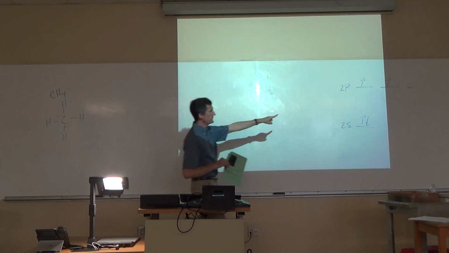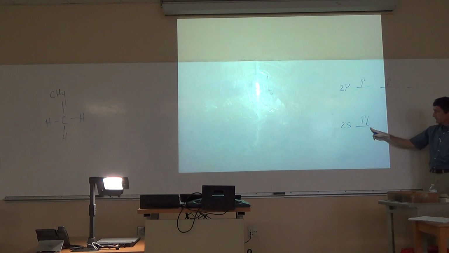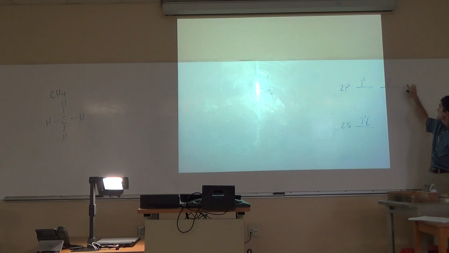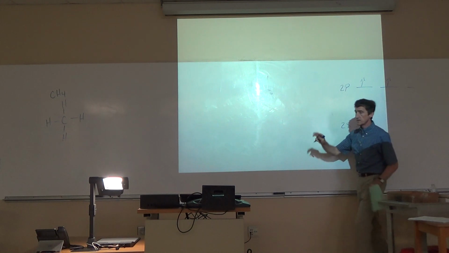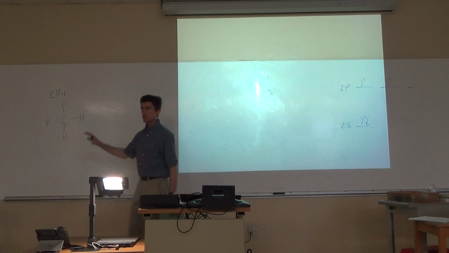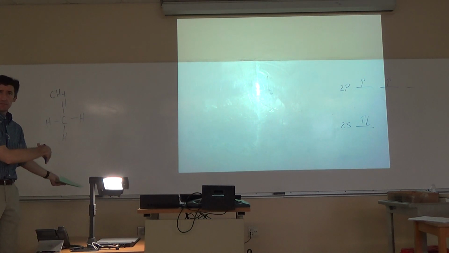How do you make 4 equivalent bonds with this type of orbital setup? For example, this looks like a lone pair, 2 electrons on carbon. We could bring in an electron and make a bond with this orbital and that orbital, and then what do you do with this? You have 4 orbitals here for carbon to make maybe 4 bonds, but if you use those 4 orbitals, the bonds would not be equivalent because we're using an s and then 3 p's.